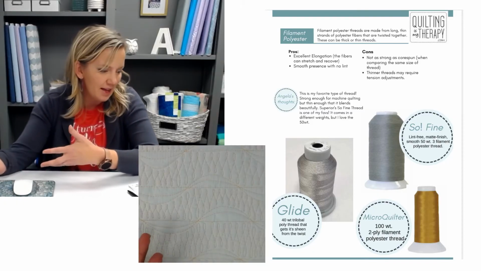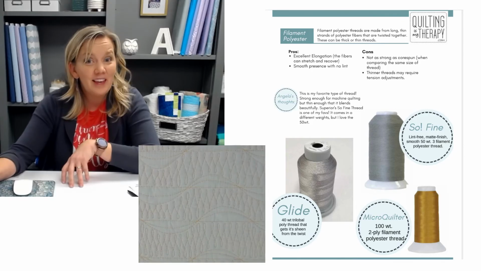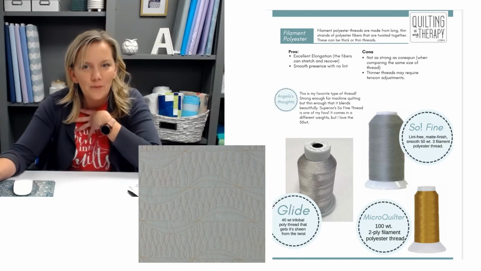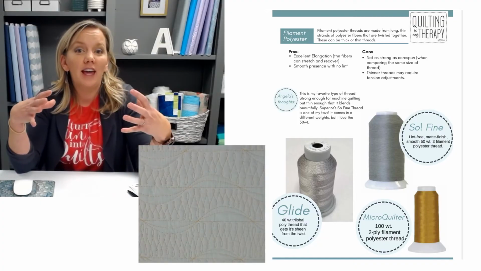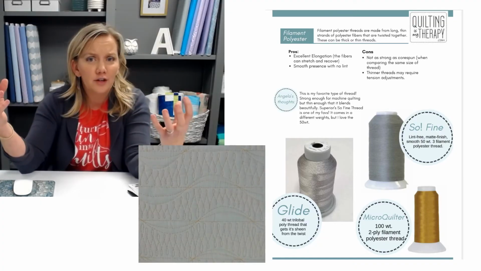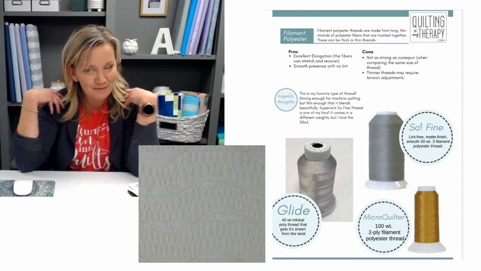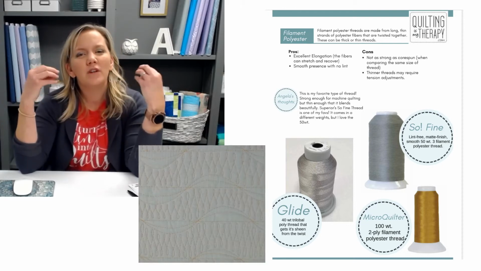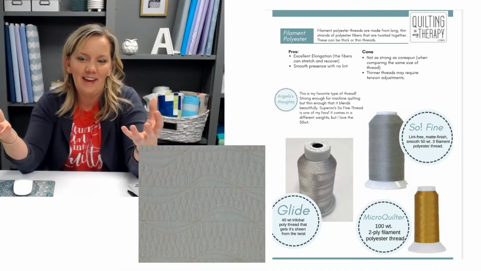And I don't have an example of that here, but it does require tension adjustment. It's very thin. So in the past, what I've used this for is when I'm quilting quilts that are applique and a lot of different colors. Now you can tell I didn't make it because if it's applique, I didn't piece it. But if I really don't want the quilting to take away from that beautiful hand applique effect.